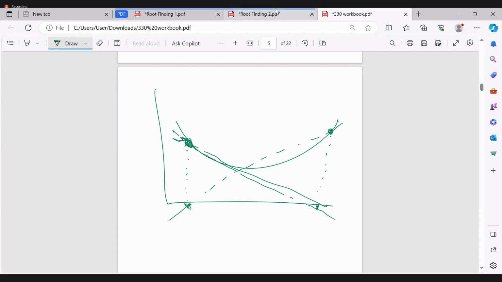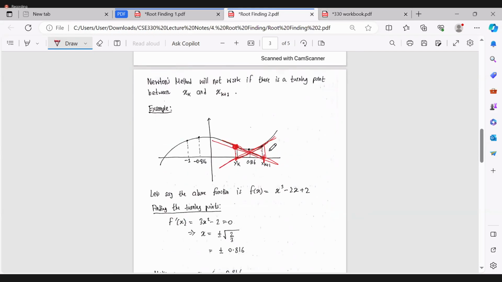So whenever you have a turning point, you cannot escape this. So you need to start finding your root. If this is your root, you have to start from some point that will get you closer to your root, not the other way around. If you start from points like this, you will just be stuck. So you need to start from points like this.